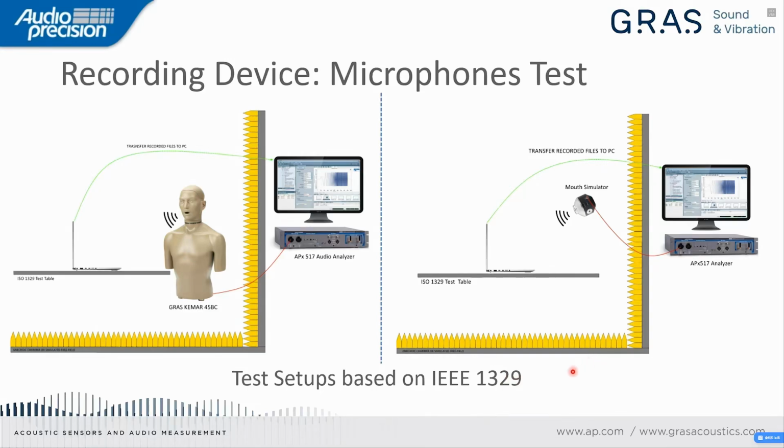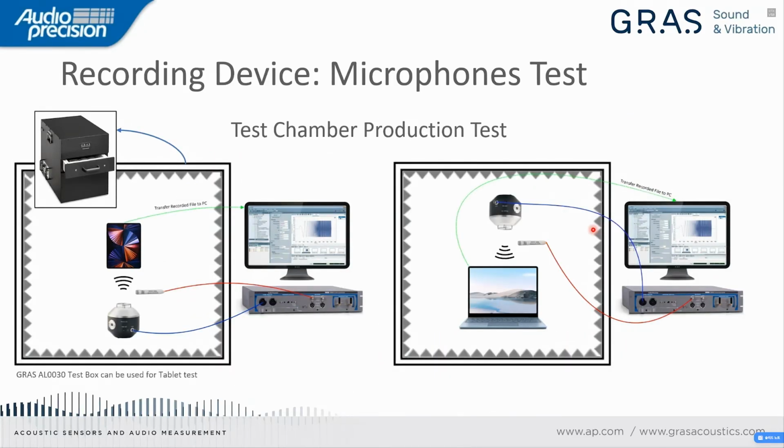And of course, this IEEE standard allows us to use a HATS also for the measurement, and not only a standalone mouth simulator. And as I mentioned before, we can also perform this test procedure for laptops and tablets inside test chambers for production test.